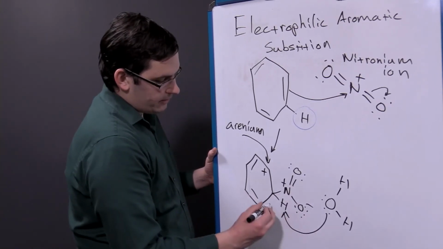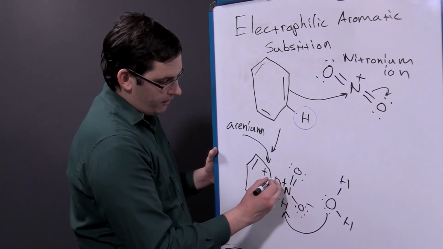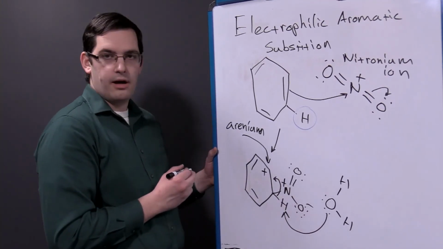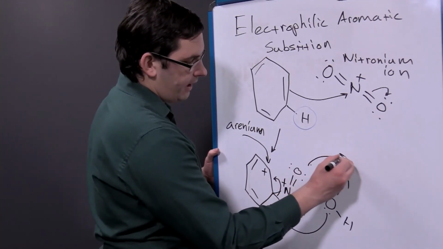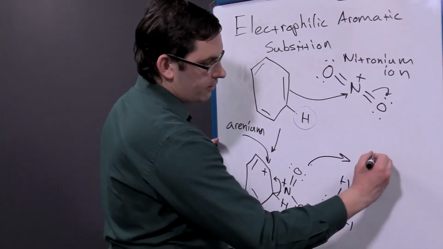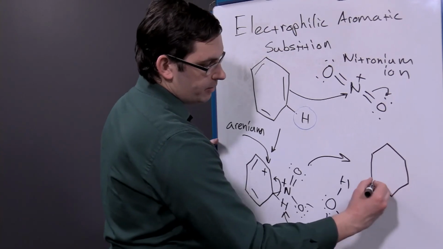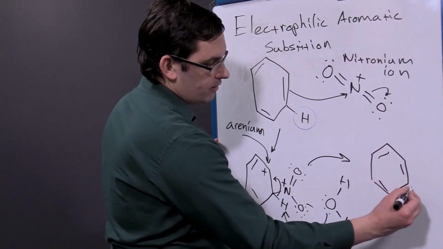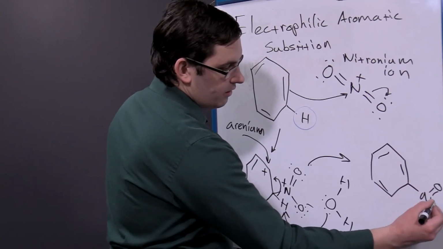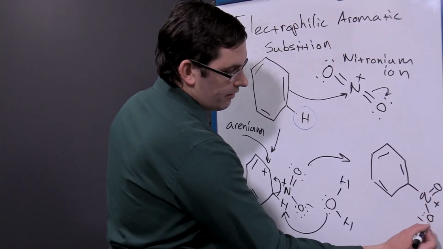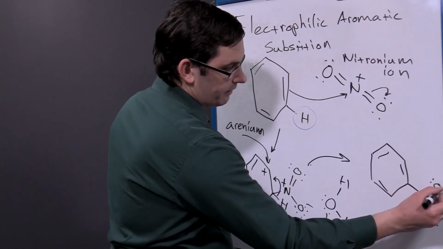And we're going to deprotonate and restore our aromaticity. So once we've eliminated that hydrogen, we then recreate our double bond, and we have our nitrated benzene ring.